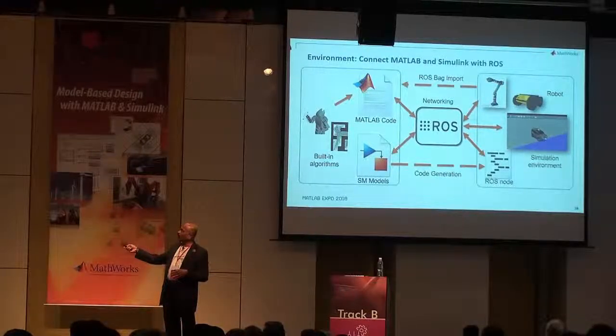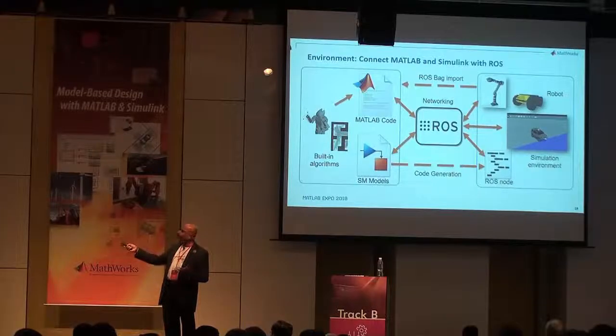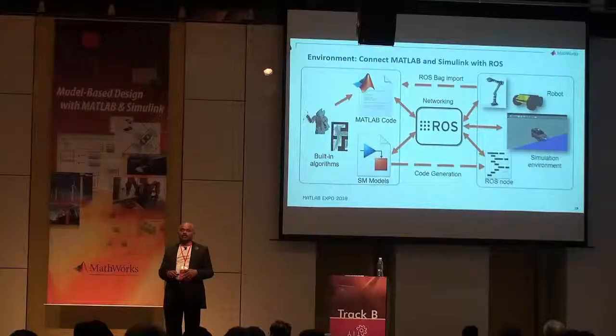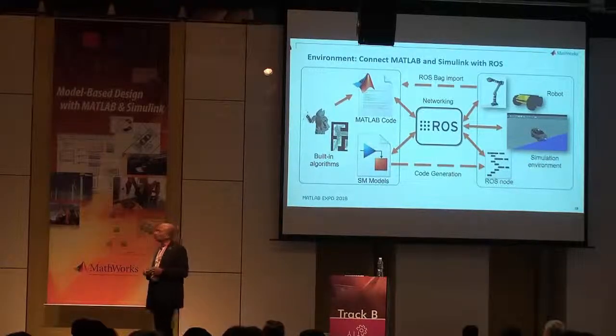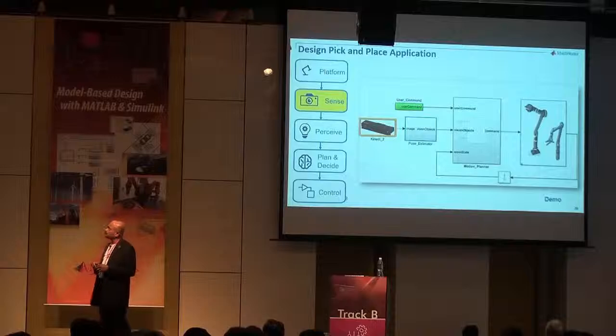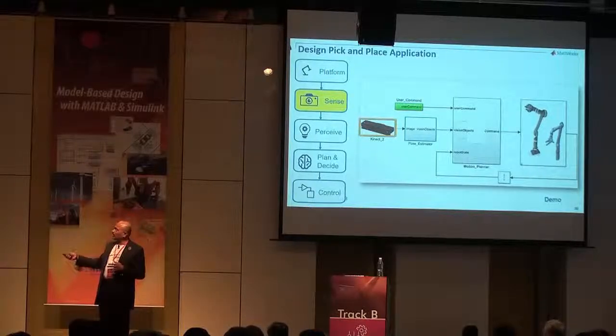If you have ROS data, you can import that ROS data into MATLAB for analysis, as well as using ROS, you can connect either the physical robot, which can be a manipulator or a ground robot, or you can connect to the simulation environment, like the Gazebo that we saw earlier, or you can establish a ROS node that's controlling the robot. So these are many different ways in which you can connect MATLAB and Simulink to ROS. Okay.